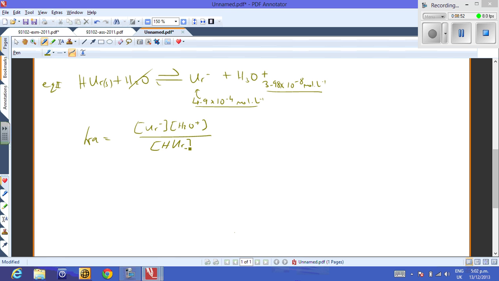So that works out to be our Ka expression, our Ka value, which was 3.98 by 10 to the minus 6.